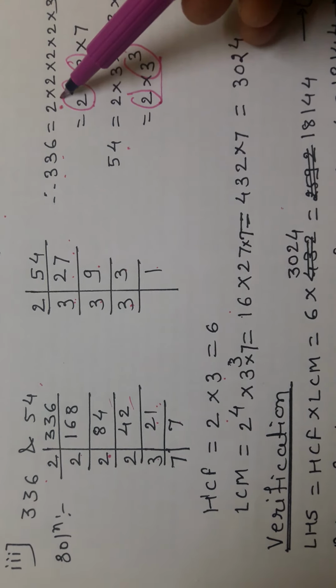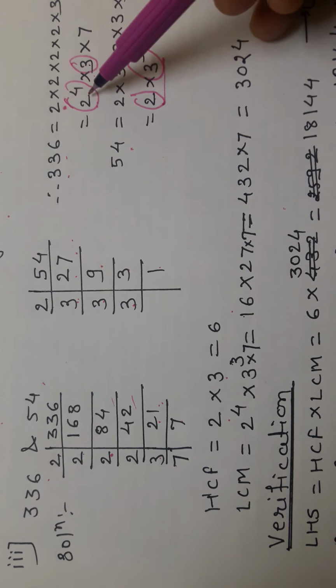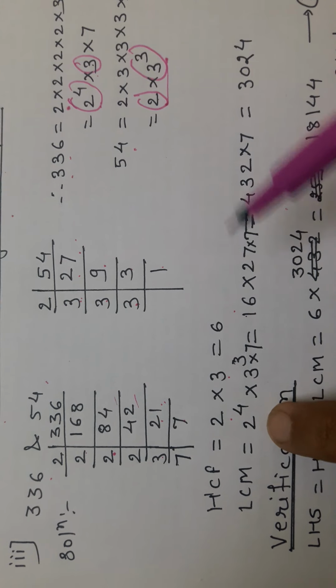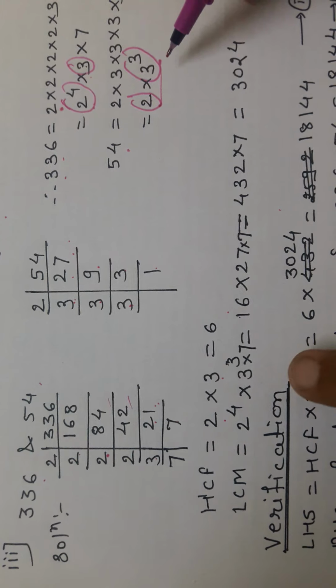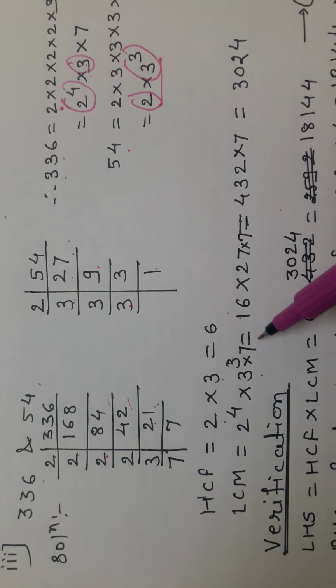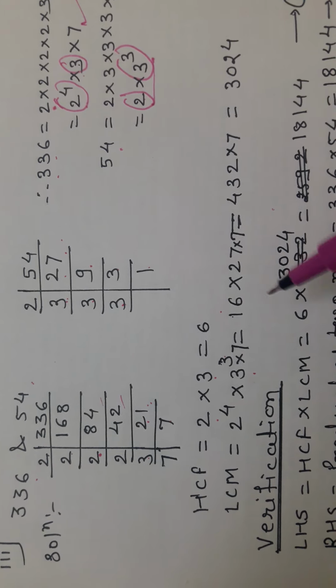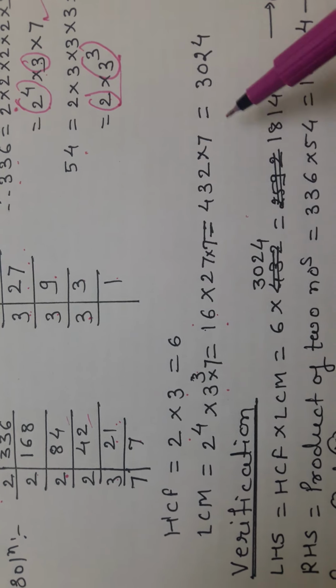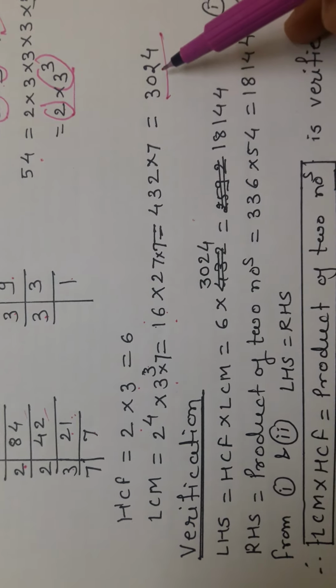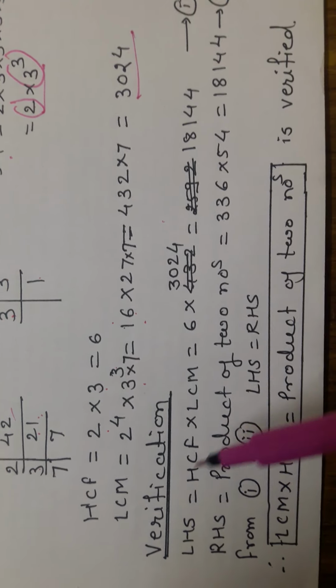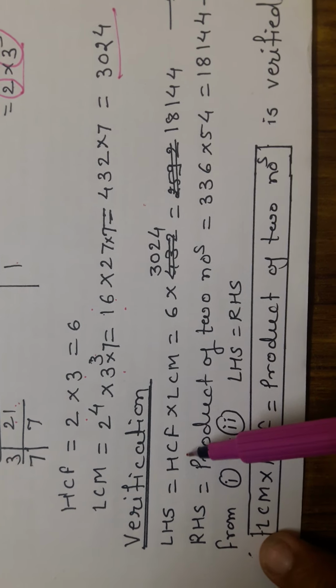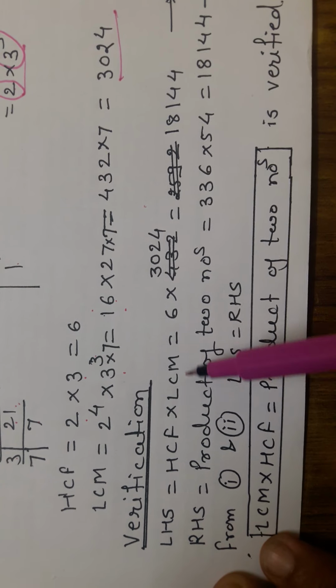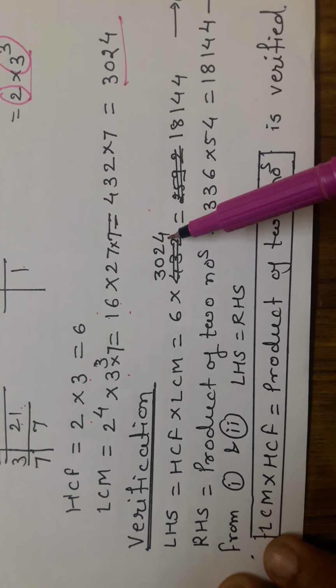For the LCM, we will take the common numbers with the highest power, that is 2 raised to the power 4. 3 is also common but with the highest power, 3 cube, into the remaining number 7. So here we get 16 into 27 into 7, which is nothing but 3024, the LCM. Verification, LHS is equal to HCF into LCM, that is 6 into 3024.